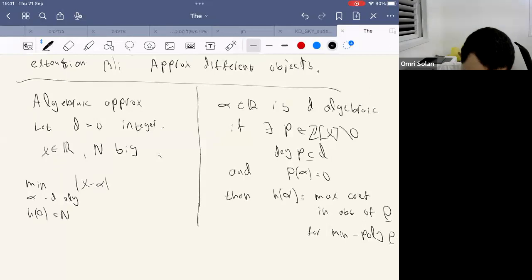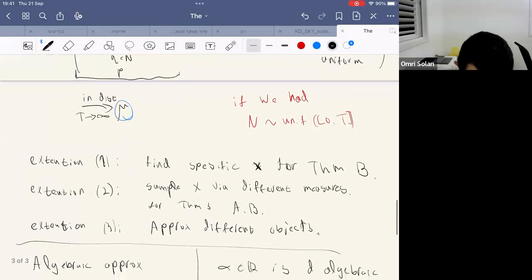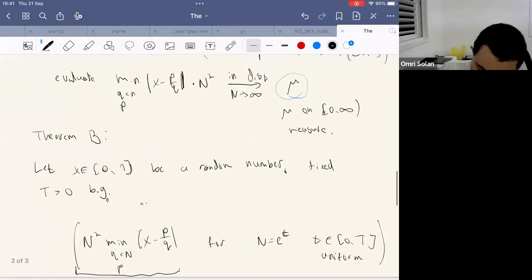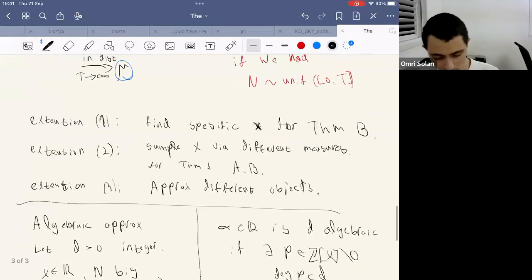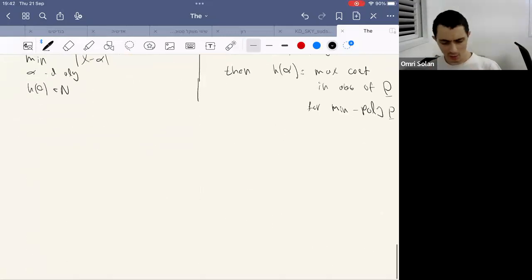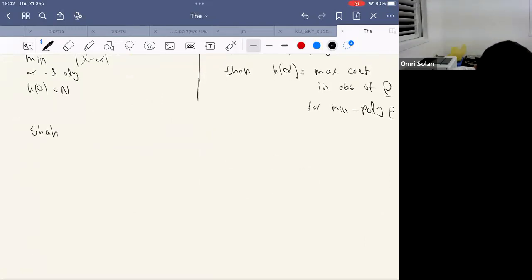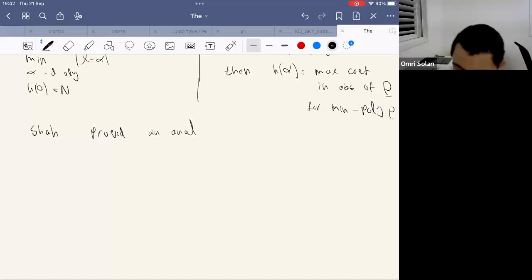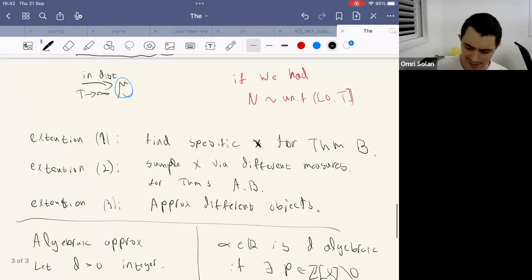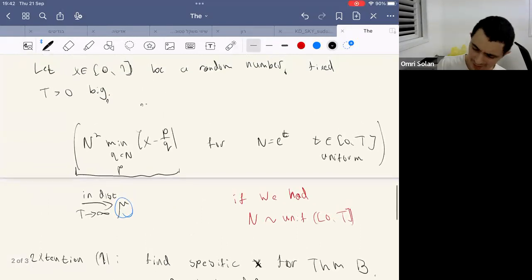And now let's go over theorem A and theorem B, and I'll say what is known for this question. Shah, I don't remember the year, proved an analogous of theorem A. It's slightly more complicated than what I stated.